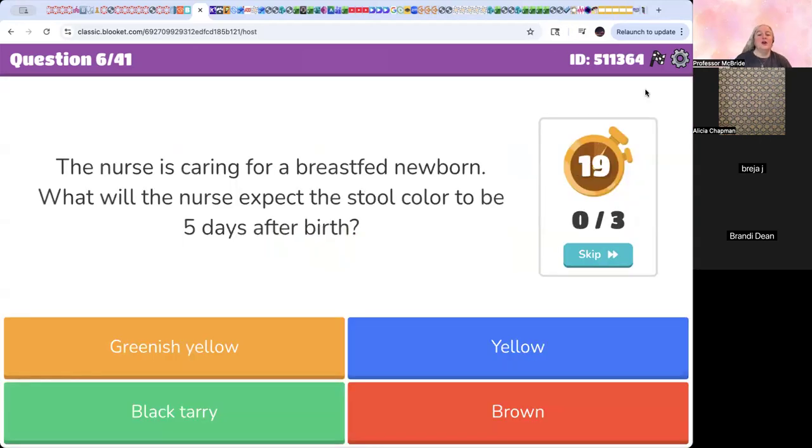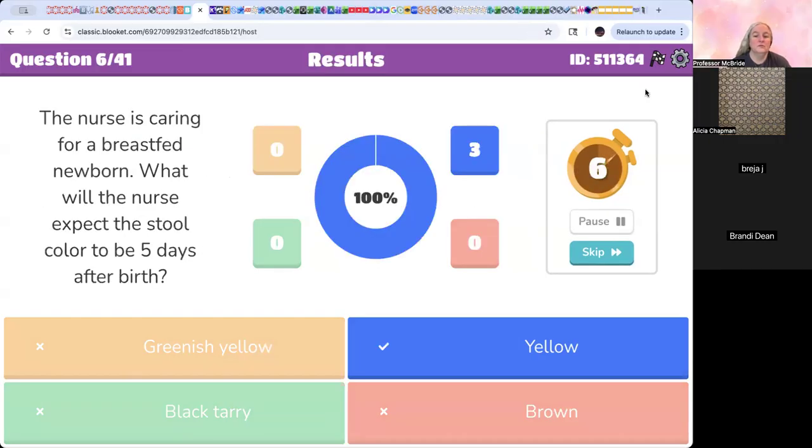The nurse is caring for a breastfed newborn. What will the nurse expect the stool color to be 5 days after birth? Good. Yep. So by 5 days after birth, we should have transitioned to this breastfed baby stool, which is yellow and seedy.